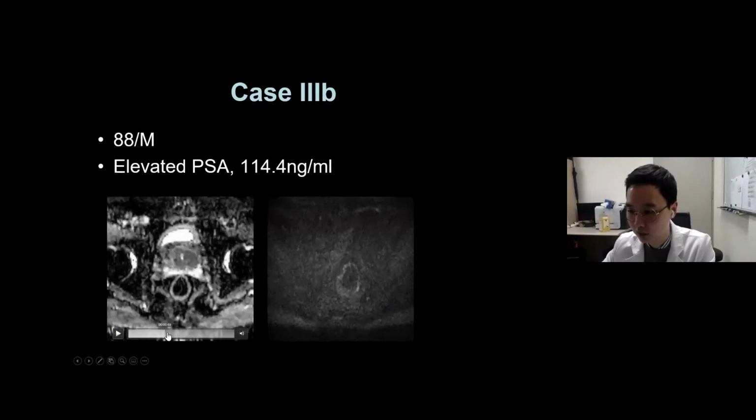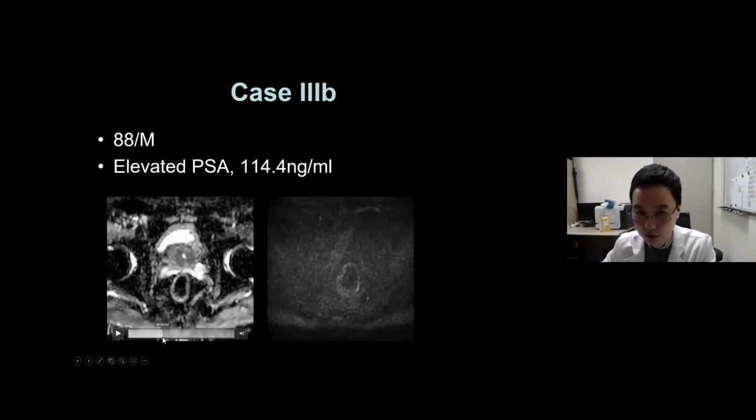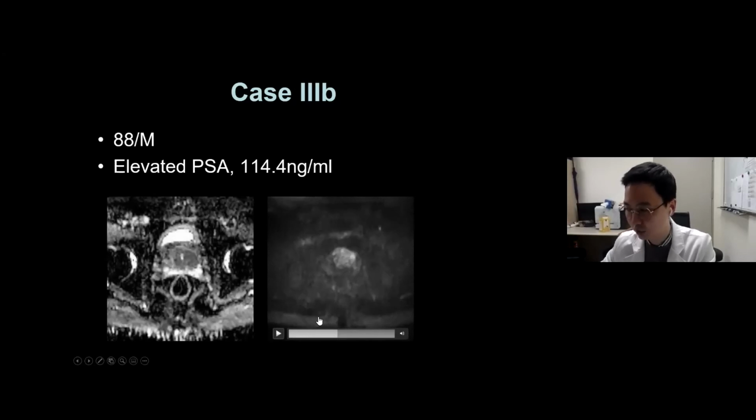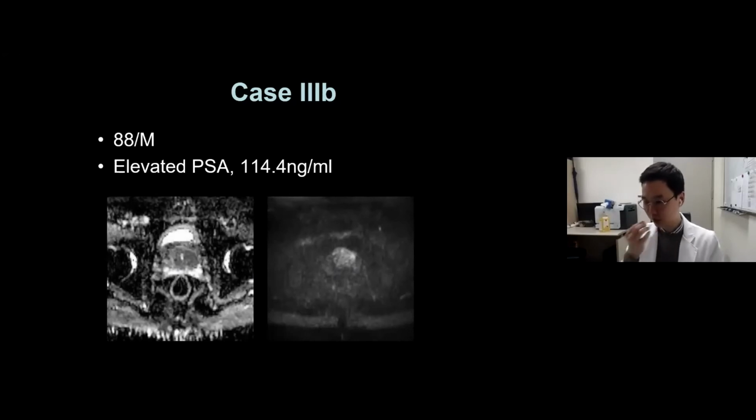As you can see, there is a change in the diffusion and ADC maps, with low signal intensity and high signal intensity lesions seen in the peripheral zone, and this lesion also extends to the transition zone.